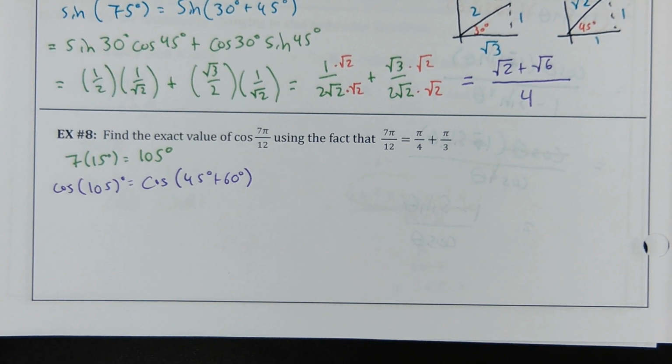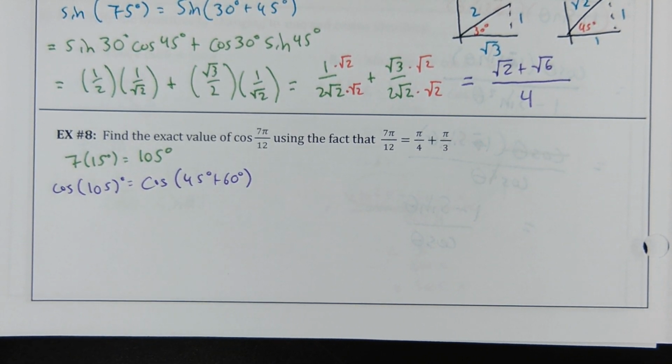Again, if you write the identity every time you go to use it, you will eventually accidentally memorize them. Cosine goes cos, cos, sine, sine, opposite symbol.